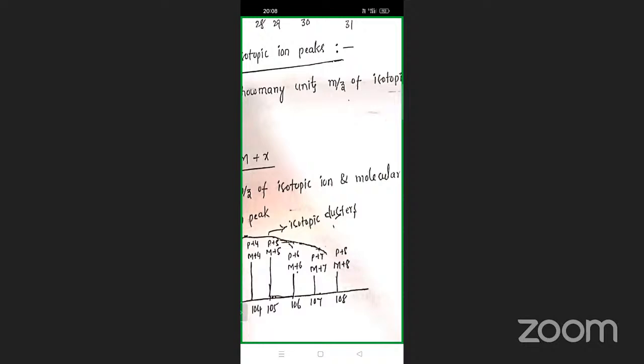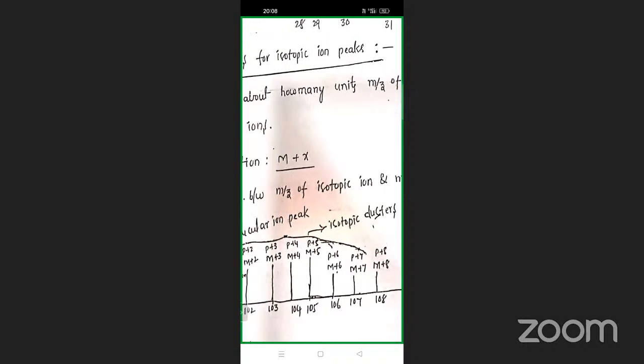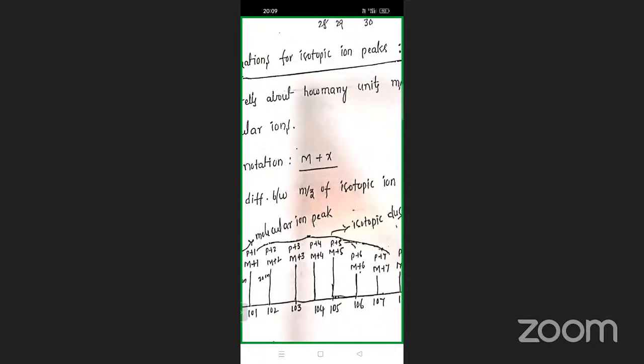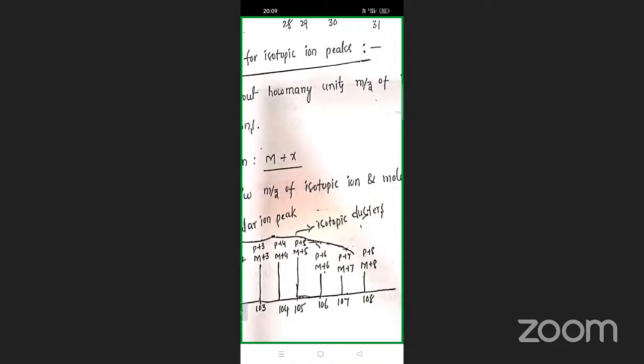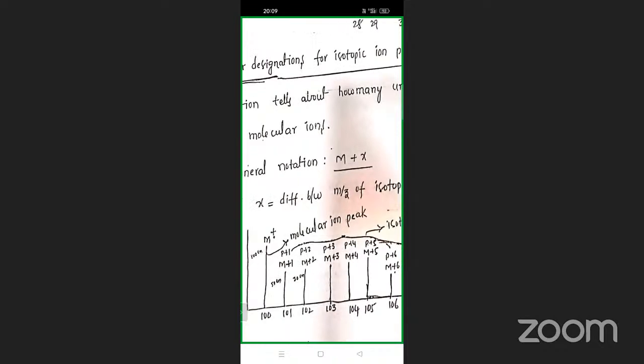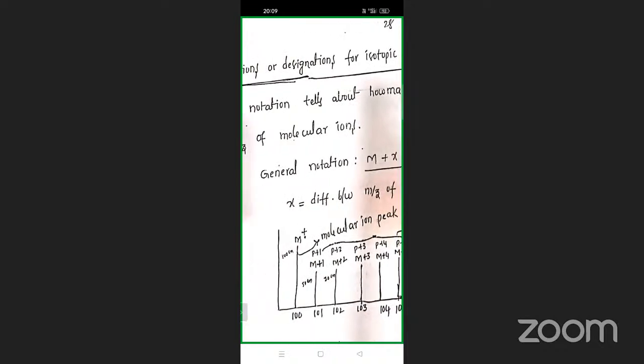All these are the isotopic peaks, and you can see the difference in their masses with respect to your molecular ion, where the molecular ion mass is 100 here, and 101, 102, 103, 104 are all isotopic masses. So here 100 is the molecular ion, and generally the isotopic peaks appear on the right side of your molecular ion.